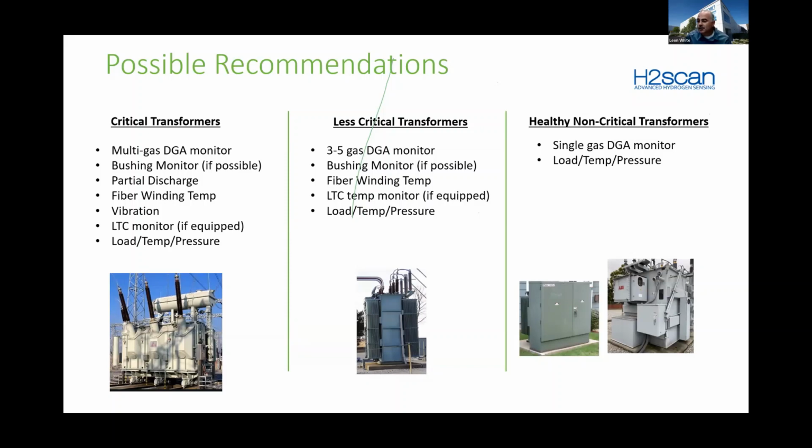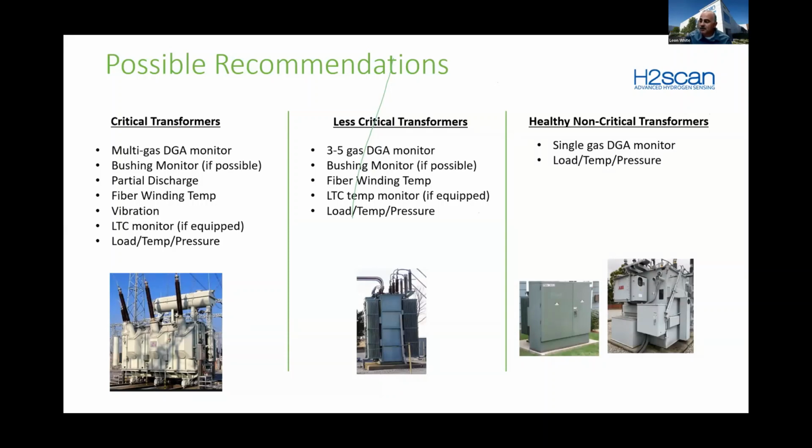As you get down to less critical transformers, you typically put less monitoring on, as we show there. And then on healthy and non-critical transformers, a lot of people put single gas DGA monitors, and depending on the features of the monitor, you can also monitor easy things like load, temperature, and pressure.